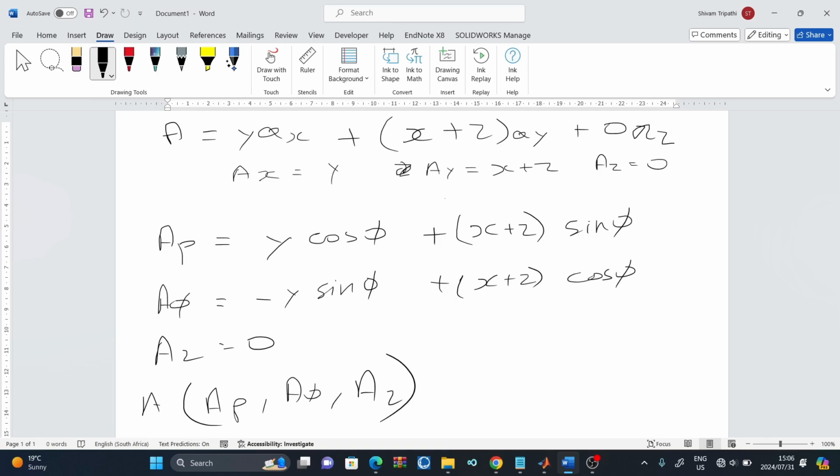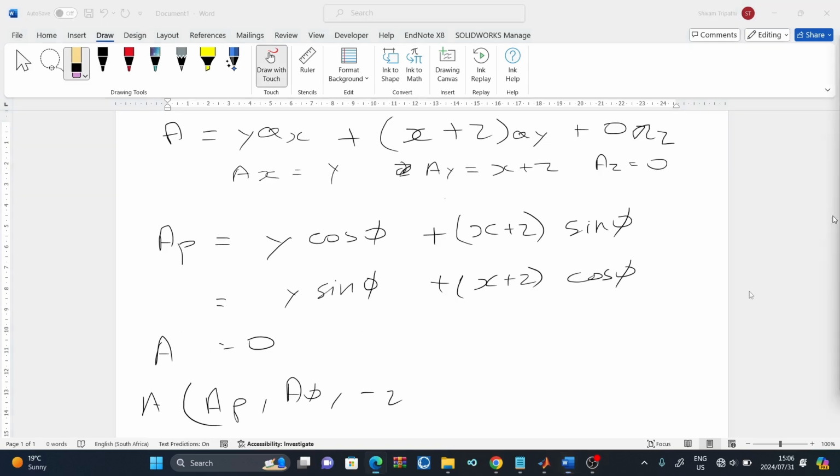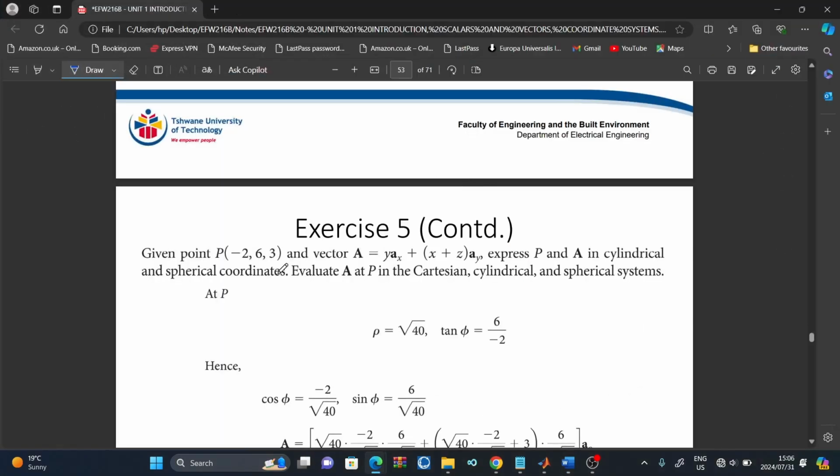Then they say evaluate. This question says you need to evaluate A at point P in Cartesian, cylindrical, and spherical coordinates. What they mean by that is, you need to remember that the value for A is where point P is in space.